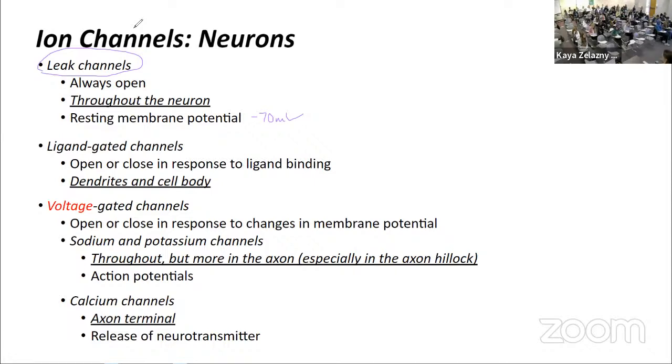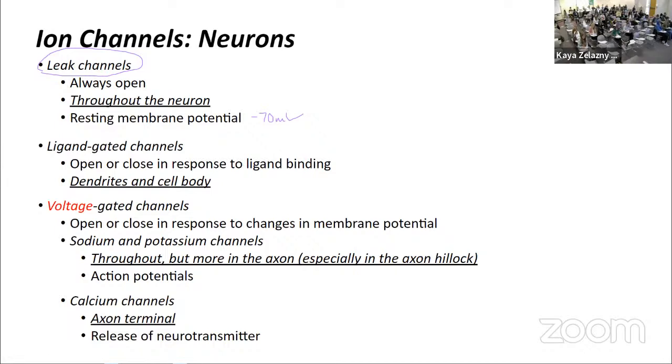We have a sodium potassium pump that's keeping our concentration gradients from washing out. So those concentrations plus these open channels and our electrical forces lead us to be stable and at rest at -70 millivolts.